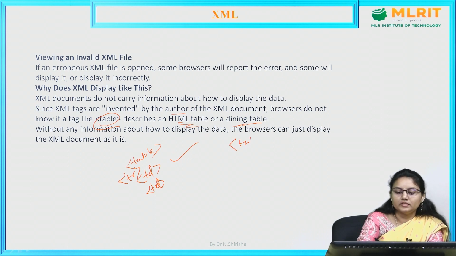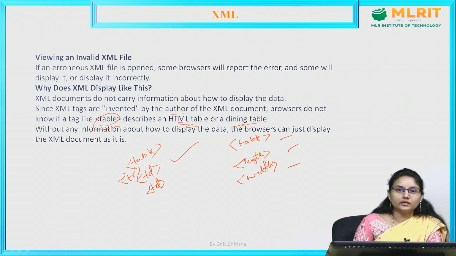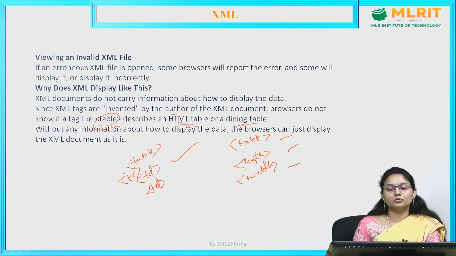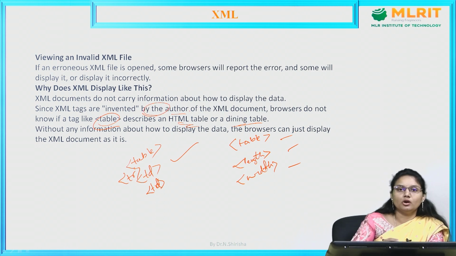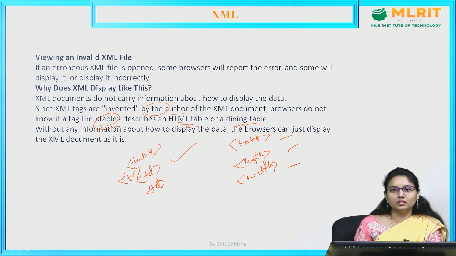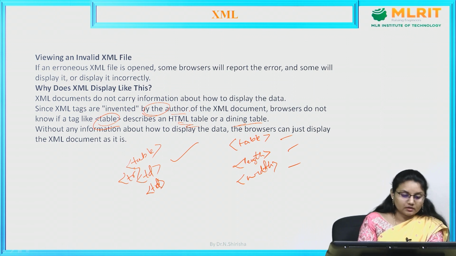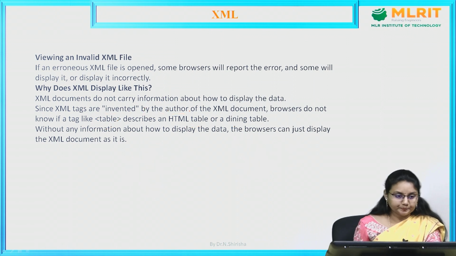If you write table, length and width, it also displays the content. XML doesn't bother about what the actual content in the program is. It displays whatever the user gives because the tags are user defined.